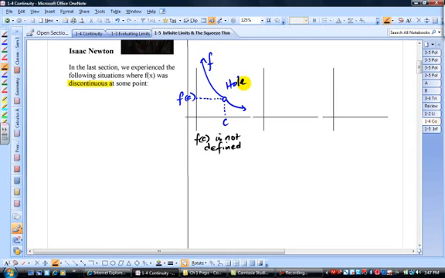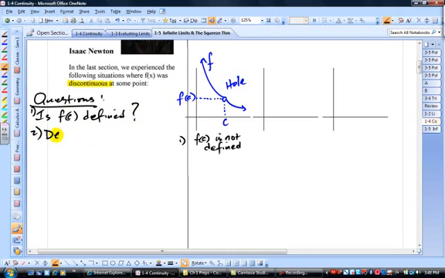Question 2 is, does the limit exist? In fact, let me write the questions over here. And these are the questions that I'm going to be asking. Question 1 was, is f of c defined? Question 2, does the limit of f of x as x approaches c exist?